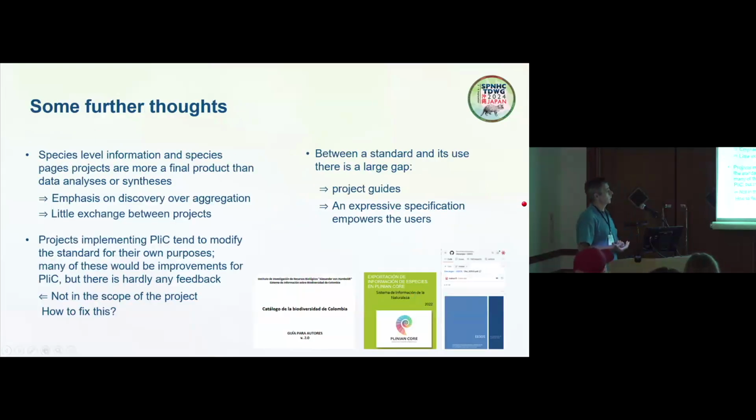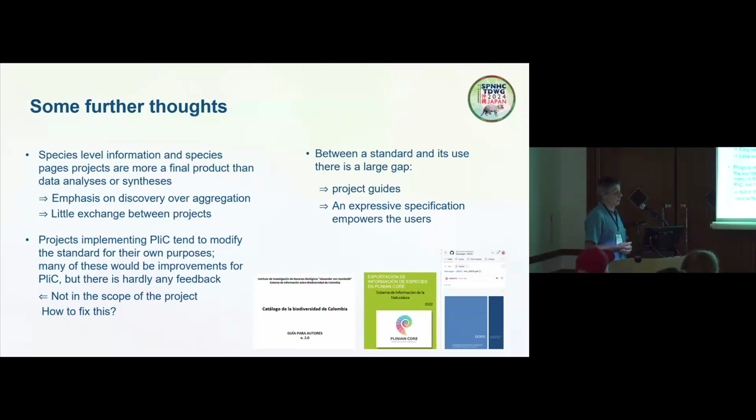And then just to finish, to review a few other aspects. First, species level information is more like a product than data for analyzing. In that regard, data aggregation occurs very little, and the emphasis is on discovery.